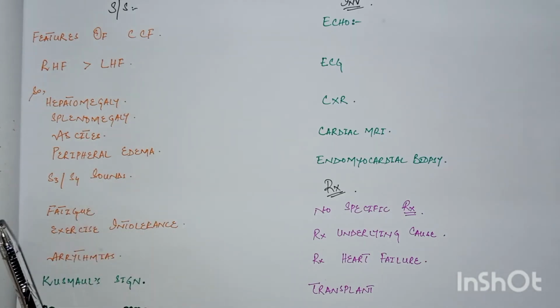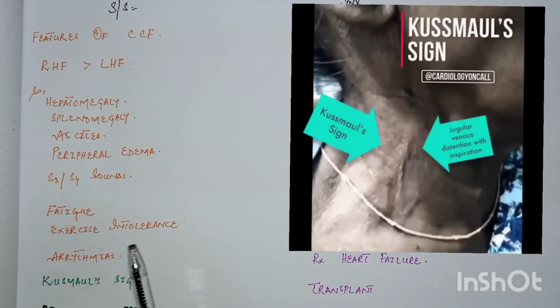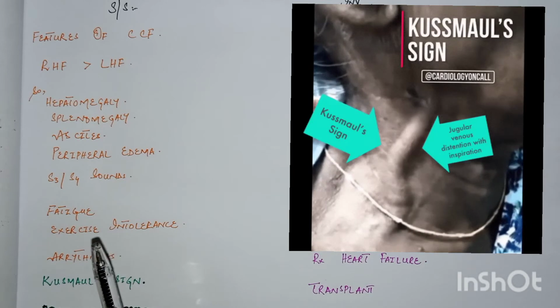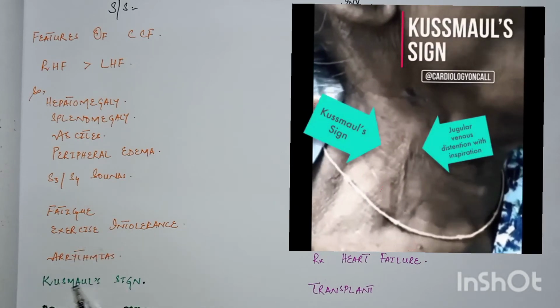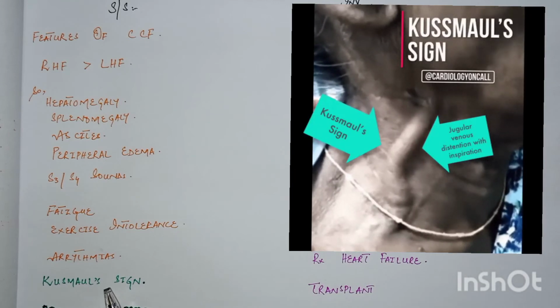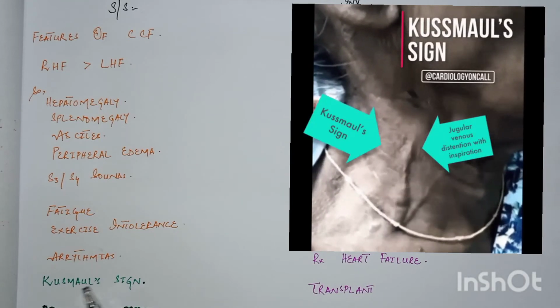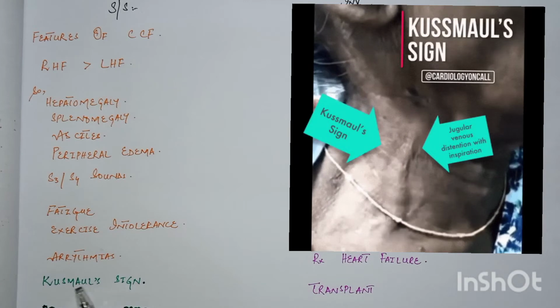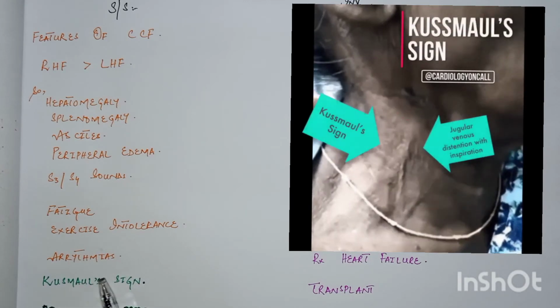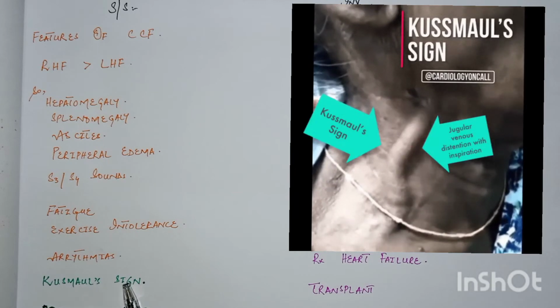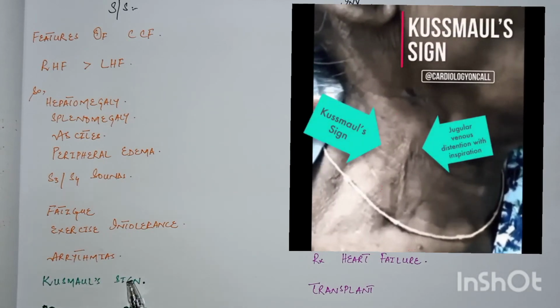But in this case, due to high end diastolic pressure, even during inspiration there is raised JVP. This is called Kussmaul's sign, that is a paradoxical rise in the JVP even during inspiration, unlike healthy individuals. It is also positive in constrictive pericarditis. We will discuss constrictive pericarditis in another lecture as well.